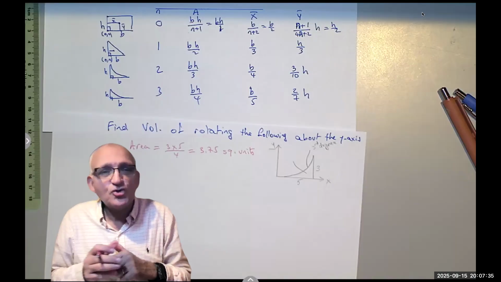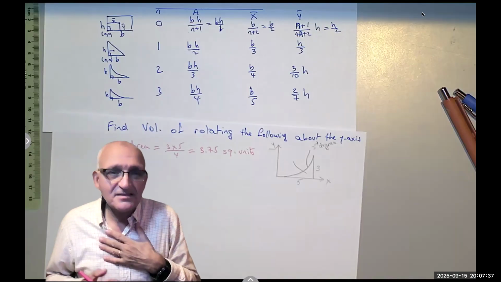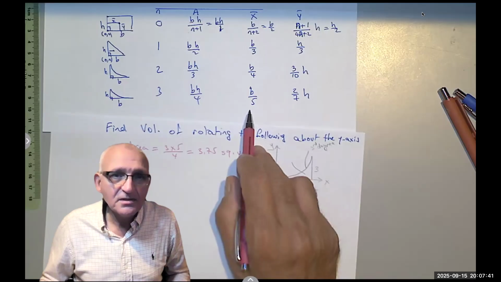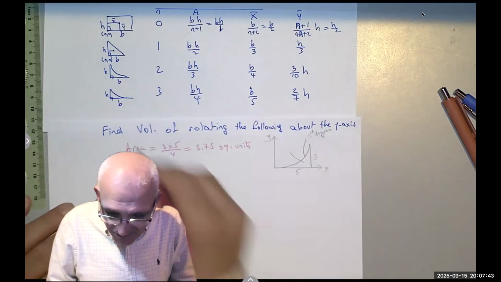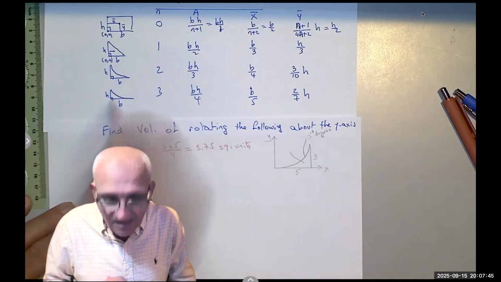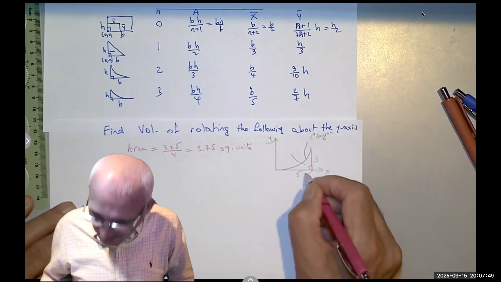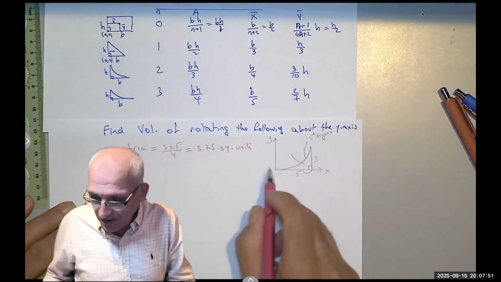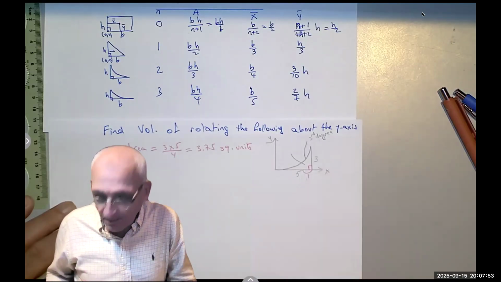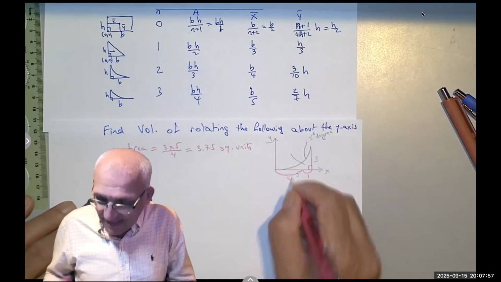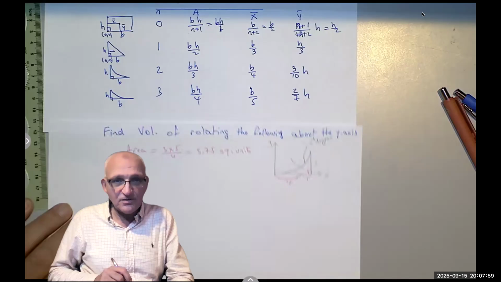But where is the centroid? Please don't say b over 5. Because b over 5 is from the right angle, meaning it's b over 5 from here. This is 1/5 of the base, or 1. But from here, it's 4 units from the y-axis. Do you understand what I'm saying?